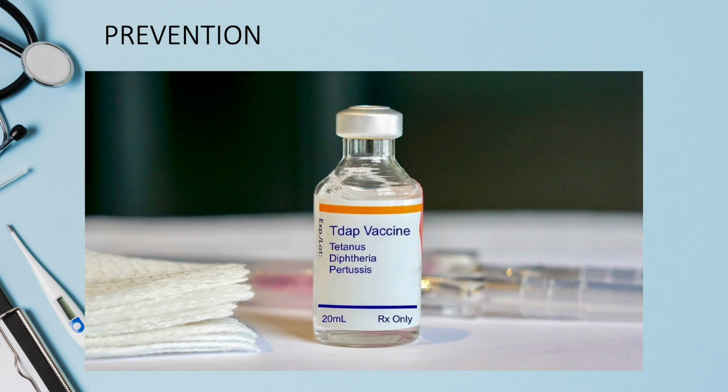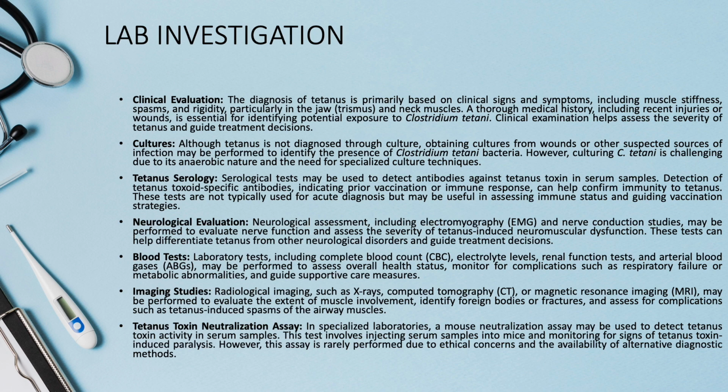And how could we prevent gas gangrene? It is basically, first of all, prevent injuries. All the prophylactic measures for bad, deep injuries are a means of prevention of gas gangrene.